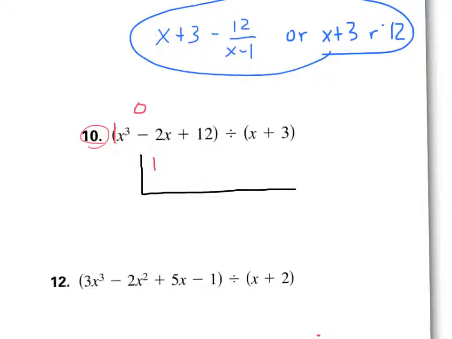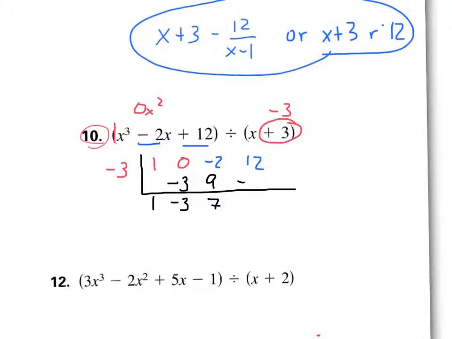There is no quadratic term, so I put a 0 there. And now I put the negative 2 and the 12 in. Don't forget that what I put outside is going to be the opposite of what I see there, so I put negative 3. Bring down the 1, multiply, and carry it over here. Bring this down, multiply, bring this down, multiply, and bring this down.